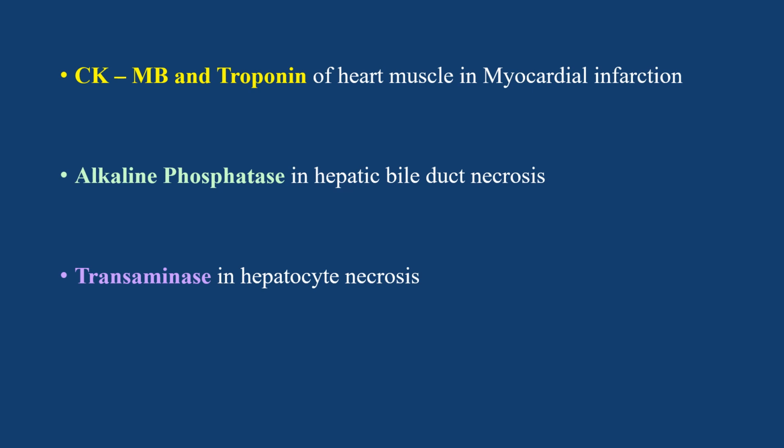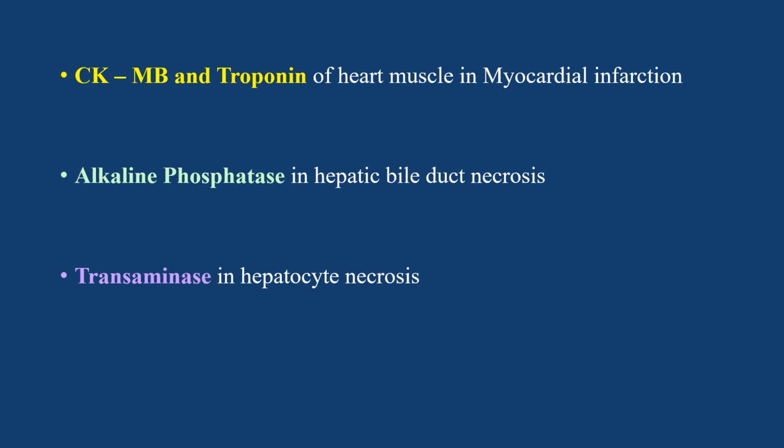Example is CKMB and troponin. CKMB and troponin are two investigations done in a patient of myocardial infarction. Whenever there is myocardial infarction, this infarcted or necrotic tissue is going to release CKMB and troponin in the blood circulation that can be detected by the machines in the laboratory.